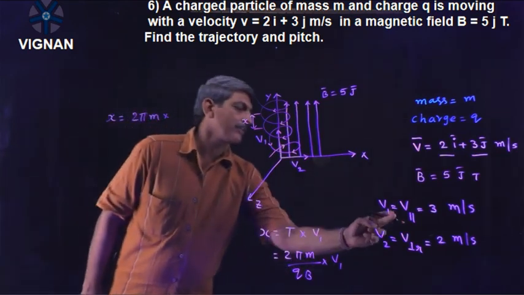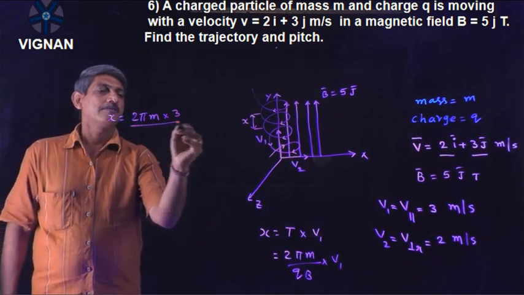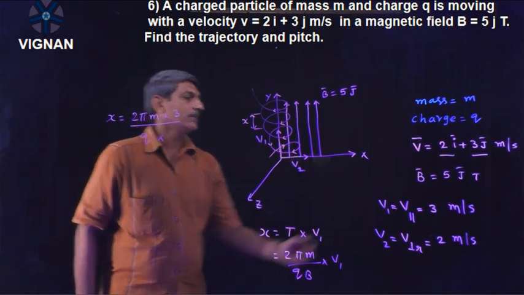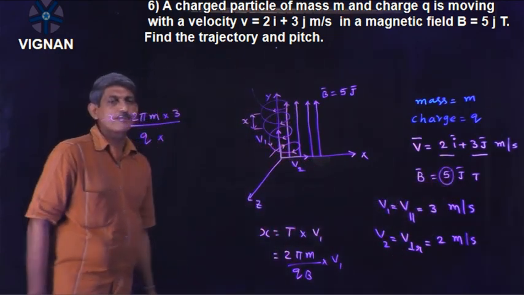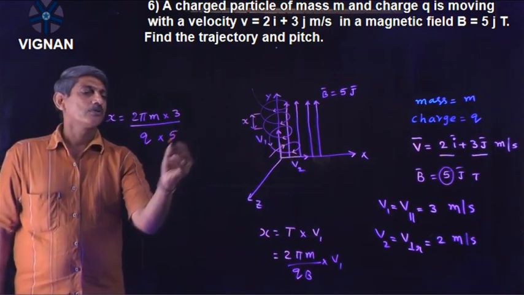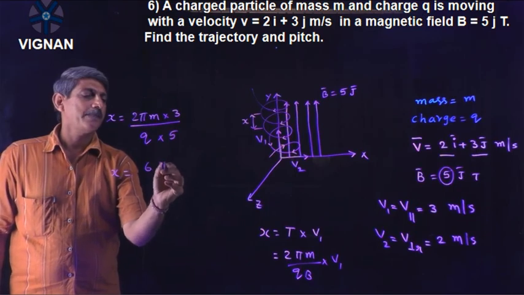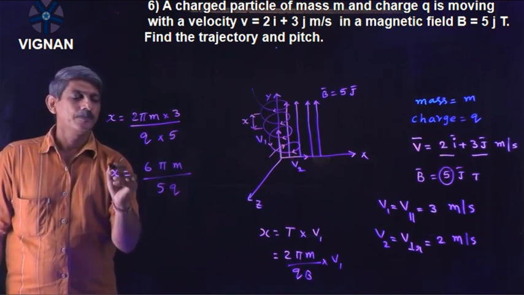What is v1? v1 is equal to the v parallel component 3, divided by qB. What is the strength of the magnetic field? 5 units along the y-axis direction. That's why B is equal to 5. So the x value is equal to 6 pi m divided by 5q.